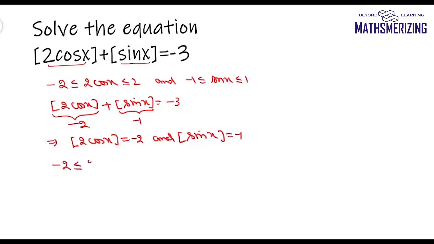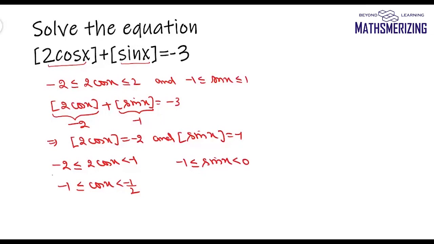That is, the value of 2 cos x should lie between -2 and -1. So if I divide by 2, I'll get cos x lies between -1 and -1/2. And for sin x, this value should lie between -1 and 0.